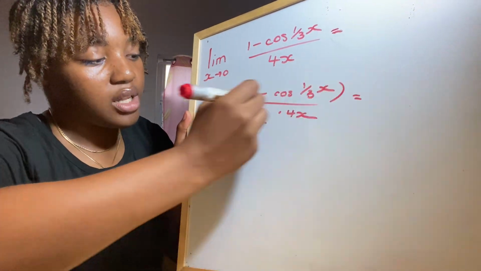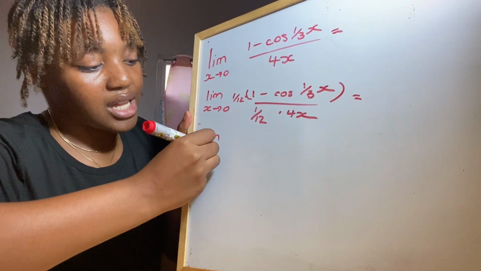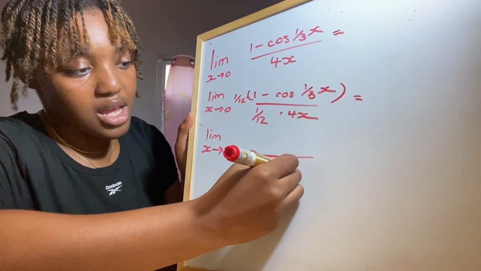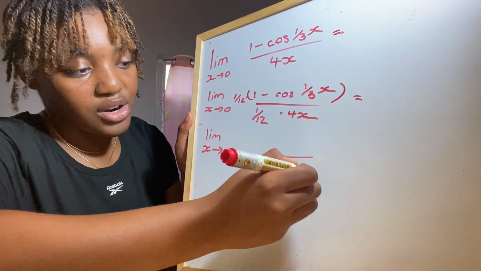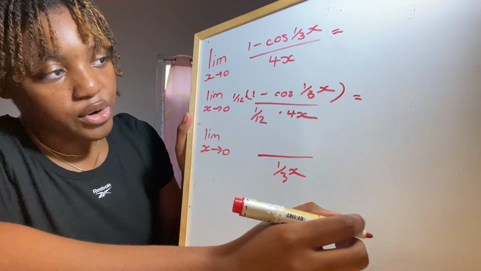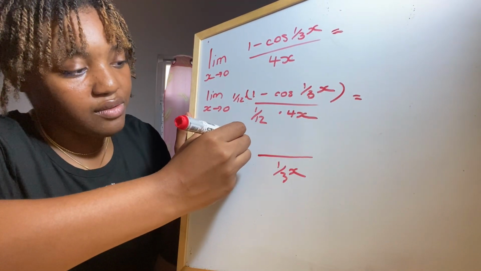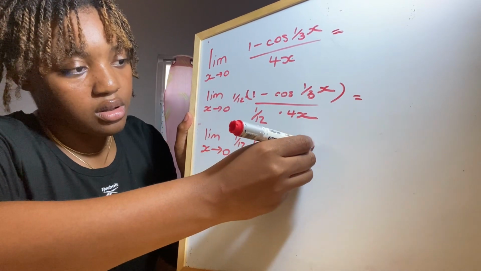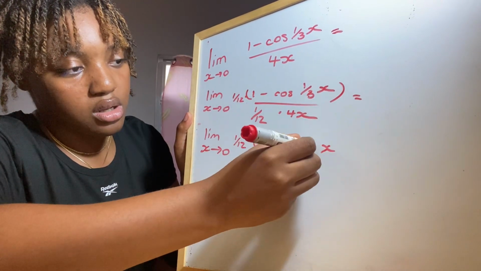So that would be equal to the limit as x approaches 0. We would have 1/3 x in the denominator, and in the numerator I'm going to leave the 1 over 12 and still have the same thing, 1 minus cos 1 over 3 x.